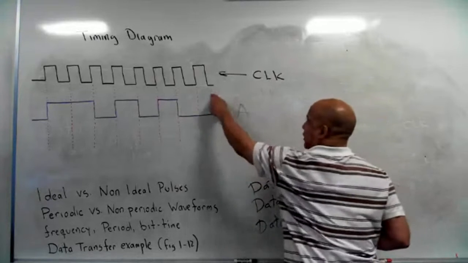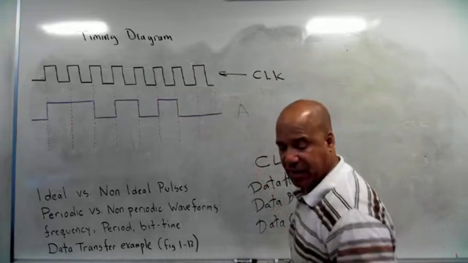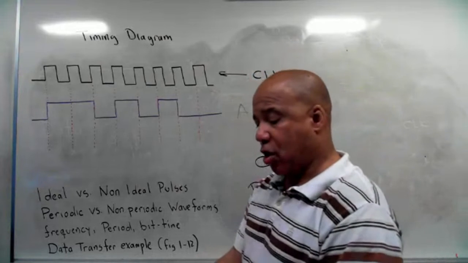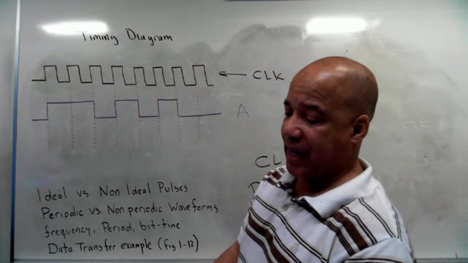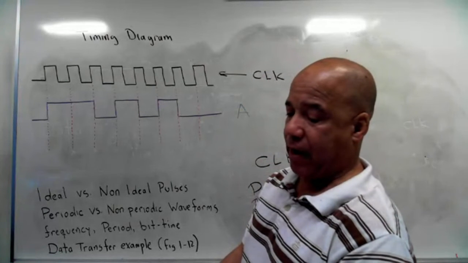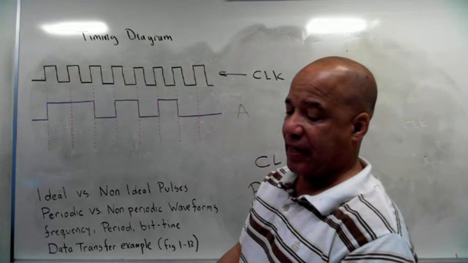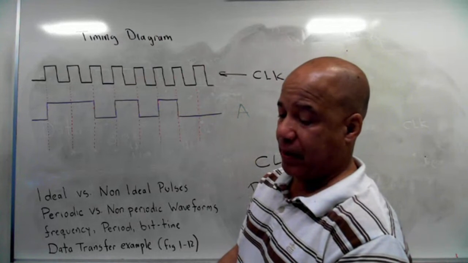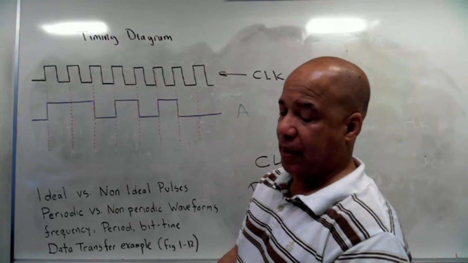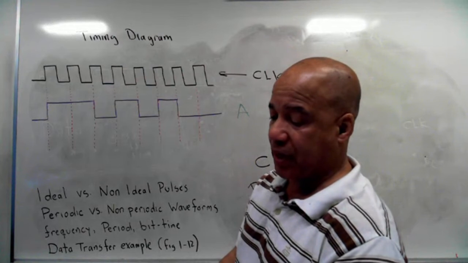That's the waveform A. That's the clock. So the problem statement says, determine the total time required to transfer the 8 bits contained in the serial waveform A of figure 114 and indicate the sequence of bits. It says the leftmost bit is the first to be transferred, and the frequency of the clock is 100 kilohertz.